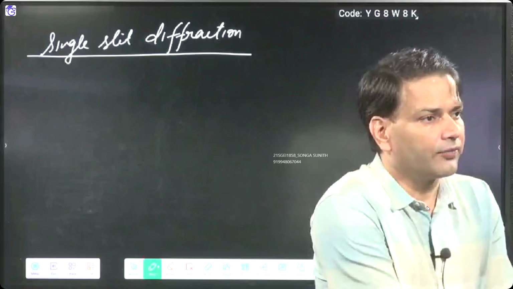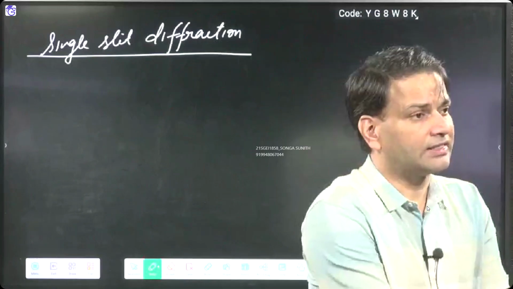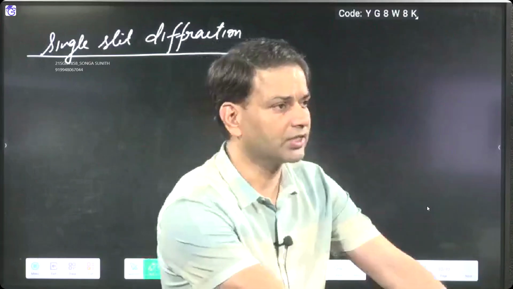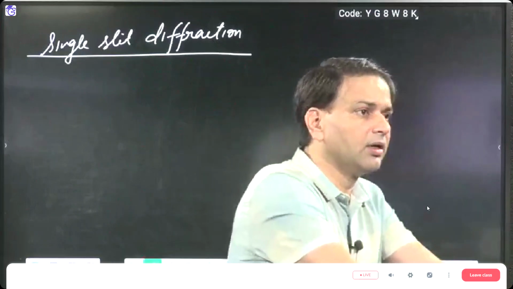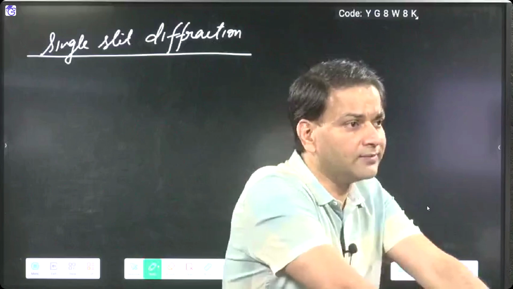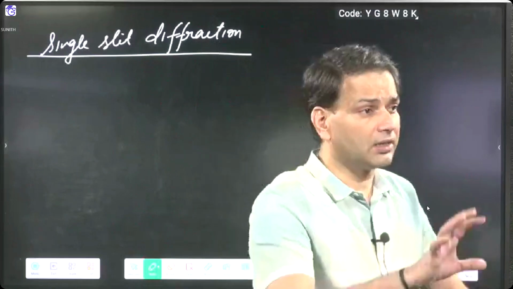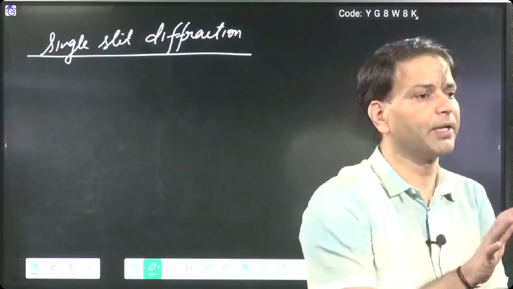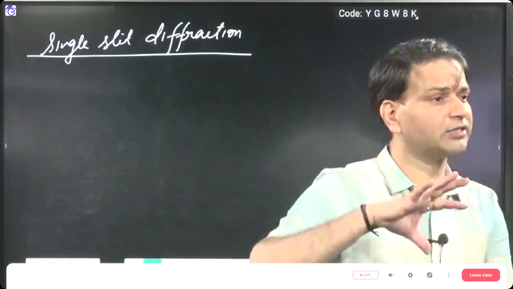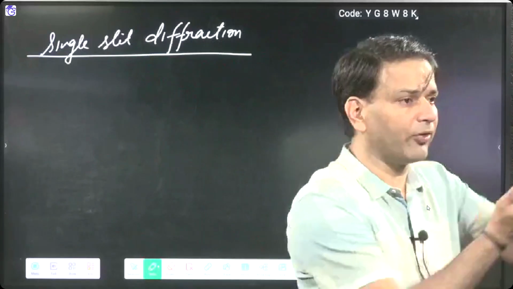As I discussed in the regular class, for diffraction the obstacle or opening must be comparable to the wavelength. The wavelength of light is very small.